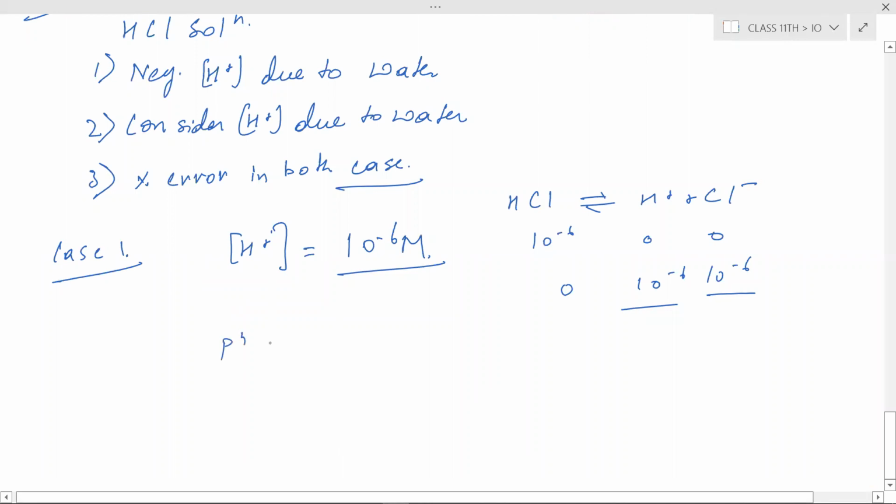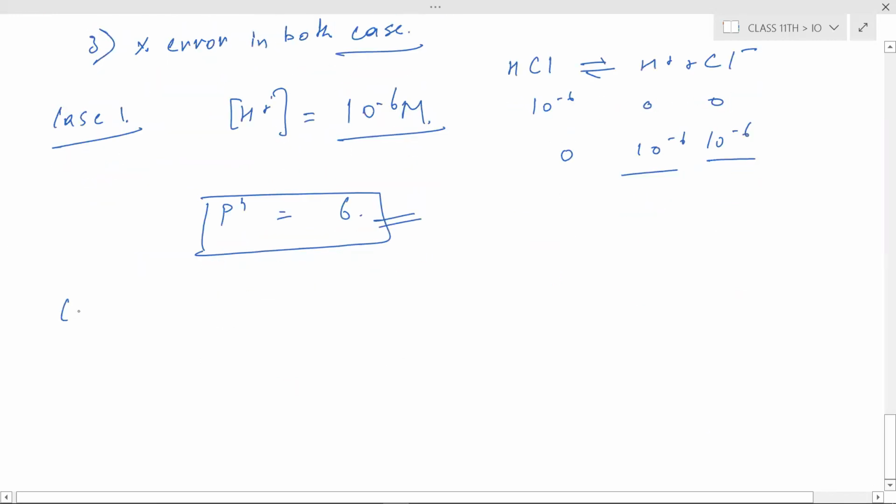So here the pH will be equal to 6. I hope you got it. That was simple. Now case number 2. What we are doing here is first calculating pH without the common ion effect. Then we will calculate pH with the common ion effect, and we will see the difference that we get.